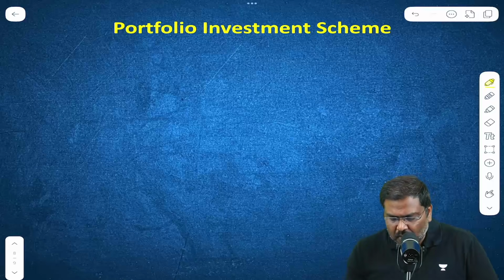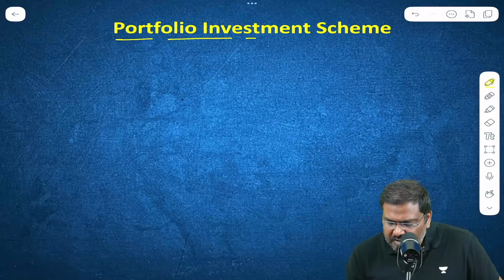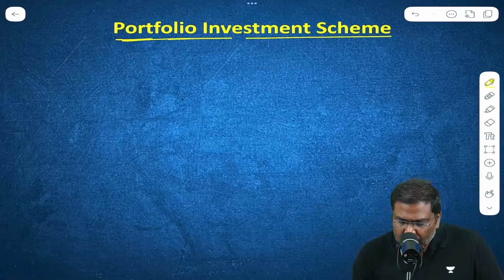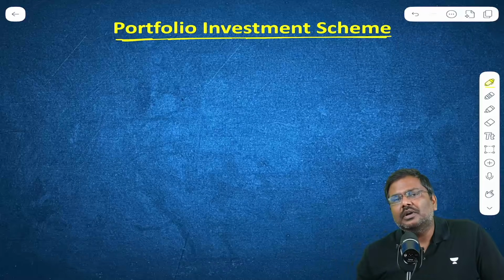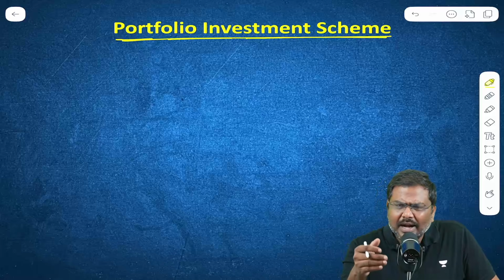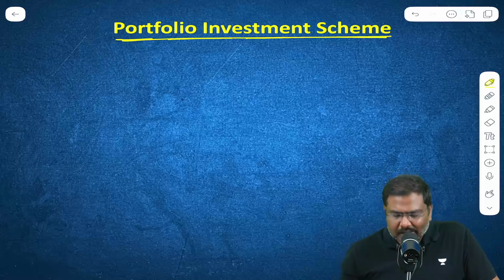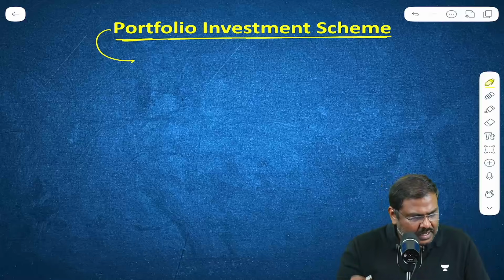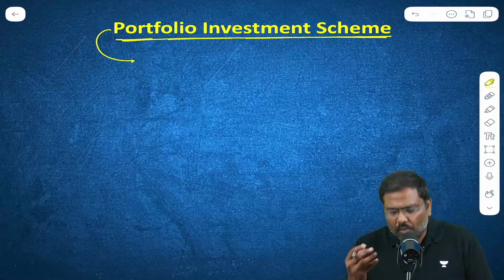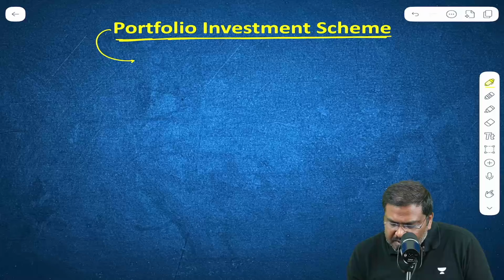Now, the fifth very important reform is the portfolio investment scheme. Earlier, when the budget was announced by the government of India, the finance minister had made an announcement. And this particular announcement has now been notified, operationalized by Reserve Bank of India. Now, what is the idea of the portfolio investment scheme?